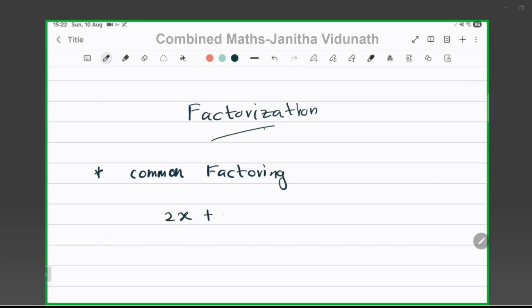Let's say we have an expression like this. Now we can see both expressions have a common factor of 2. Then we need to take it out as a common factor.